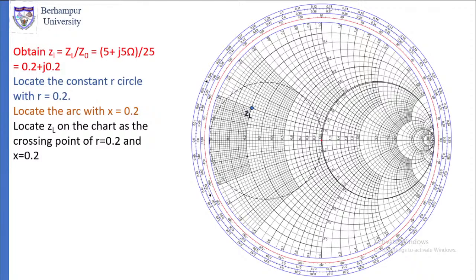Once you find 0.2, follow the arc which starts at 0.2 towards the constant small r equal to 0.2 circle. Follow that arc and find the point where this arc and the constant R circle meet. That point is ZL. So locate ZL on the chart as the crossing point of R equal to 0.2 and X equal to 0.2.